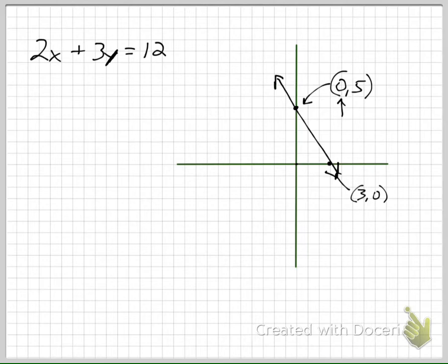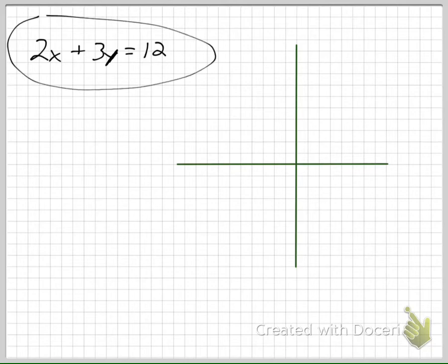Okay, now here's my whole point. What I'm looking for is this. We've established that it's a line, and it's written in standard form. Here's one way to graph this, is to find the y-intercept and find the x-intercept.